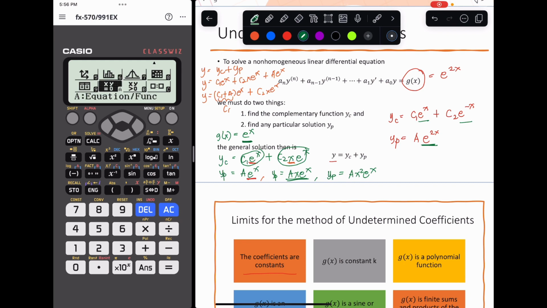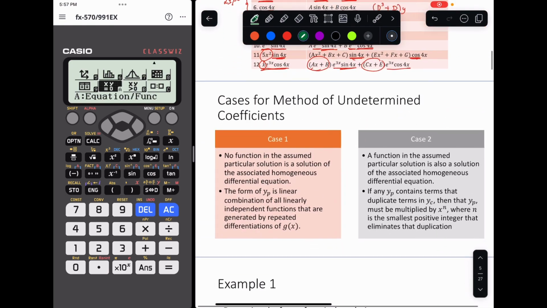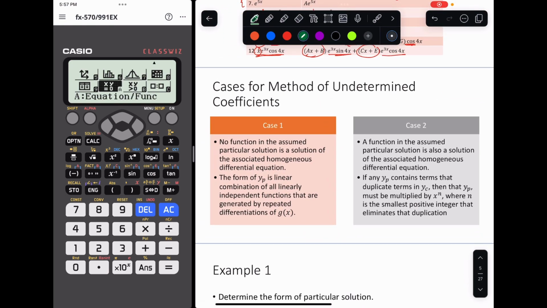But when we multiplied it with x, we need to compare it again with the complementary solution. If there is another duplication, we multiply it again with another x until there will be no duplication on the two solutions. So those are the two cases for undetermined coefficient.